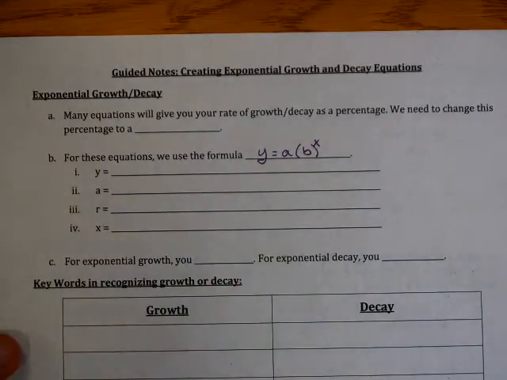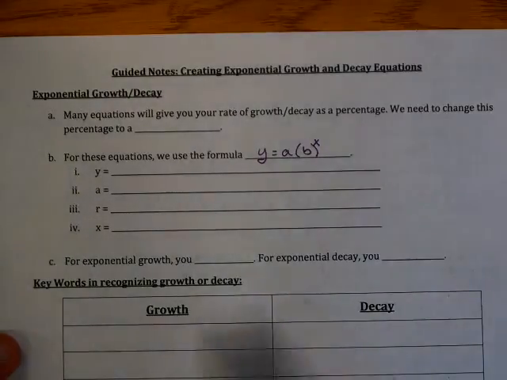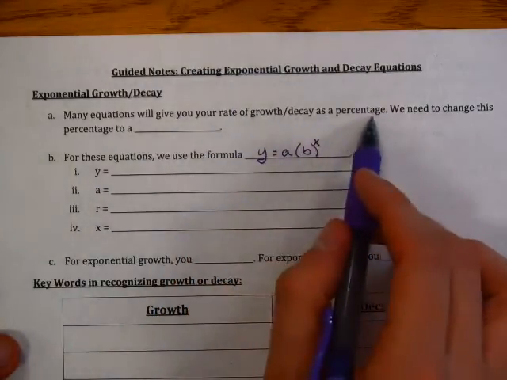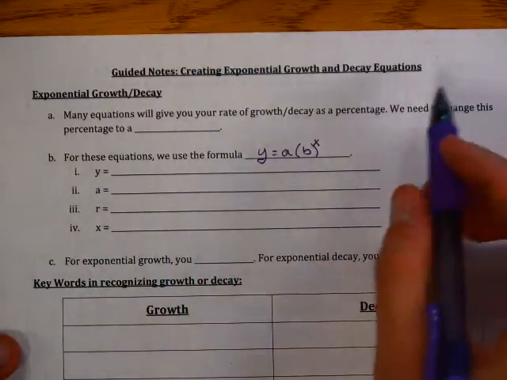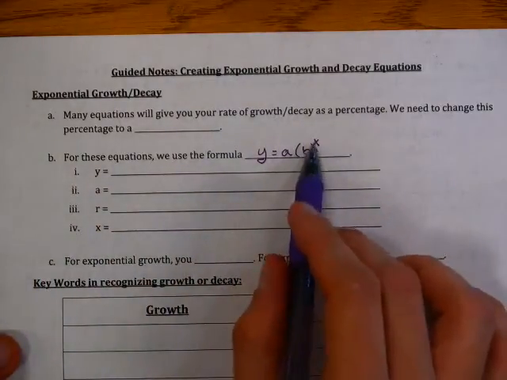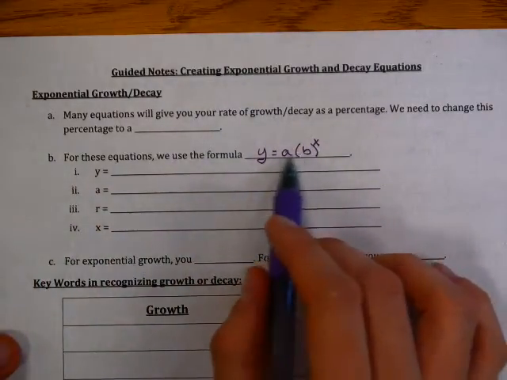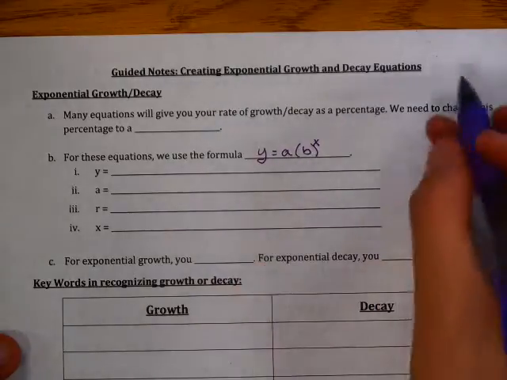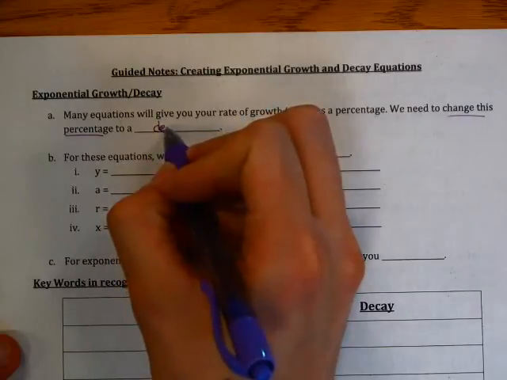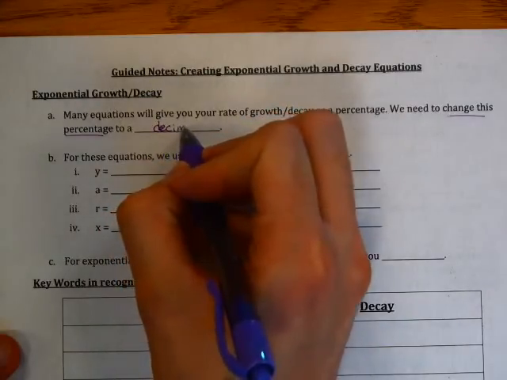Or you pay 5% interest on your mortgage. That could be a little bit more true. So rates of growth and decay are often represented as percentages. The key to working with them mathematically, because we cannot multiply percentages, or at least they don't make nearly as much sense yet, is to change these percentages into decimal form.